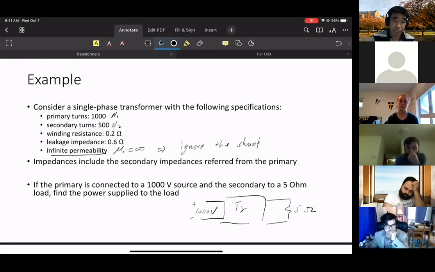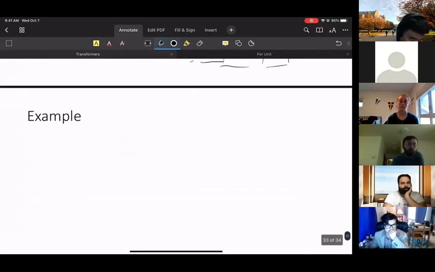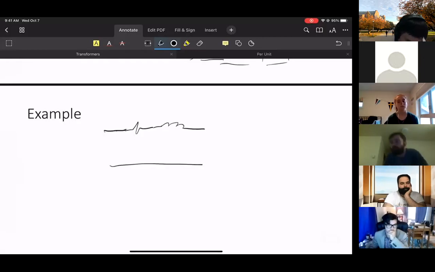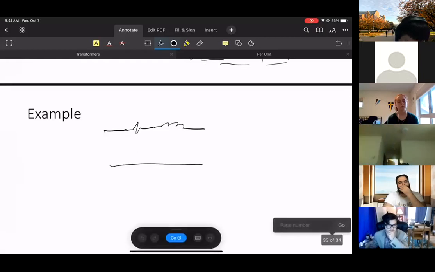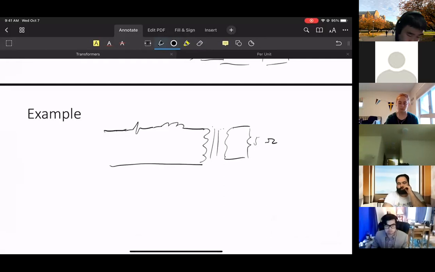So when you look at a transformer question, always read the question. The question will tell you which model to use. For example, if the question tells us this, then our model is the following, so we can forget about the shunt stuff. We have a transformer and we attach a 5 ohm load to this side.